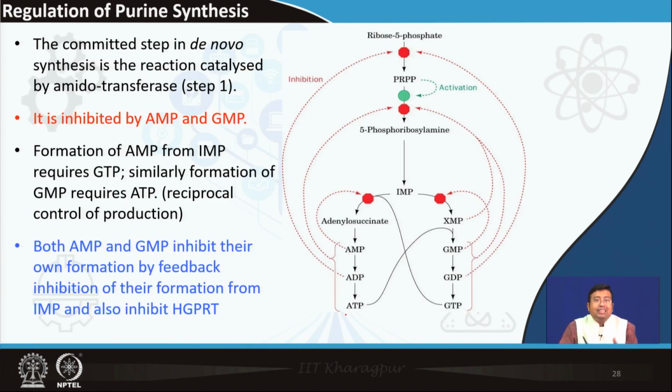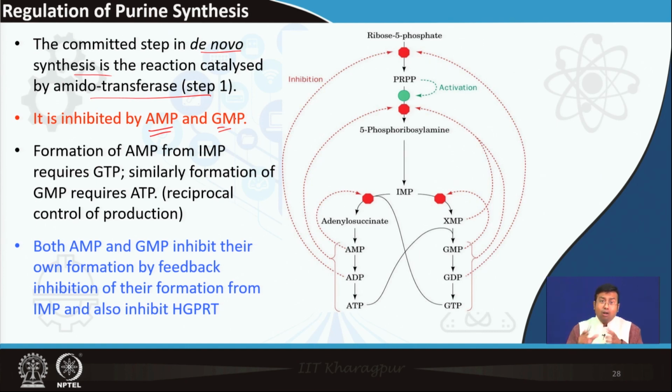Why? Because it is the regulation of purine synthesis which is very important, and this is the committed step in de novo synthesis, the first step that is catalyzed by amidotransferase, the first reaction where PRA was formed, and it is being inhibited by both AMP and GMP. So, it is a kind of feedback inhibition: when there are excess AMP and GMP in circulation, they will inhibit their own formation.